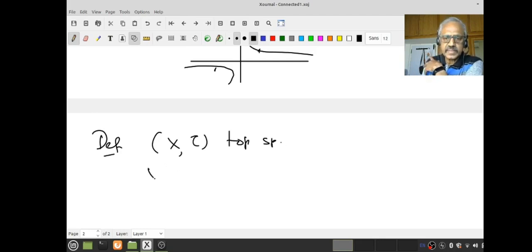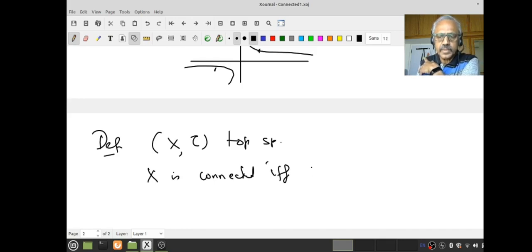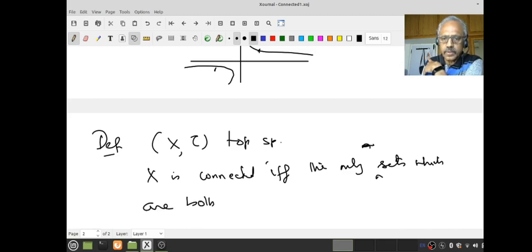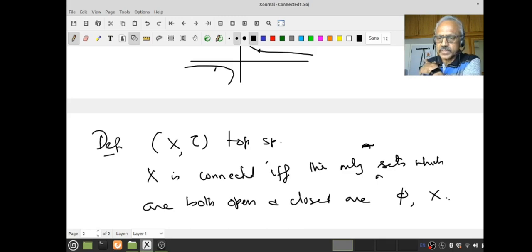I say X is connected if and only if the only sets which are both open and closed are the empty set and the whole space X. Do you see that in any topological space, the empty set and the full space are both open and closed?